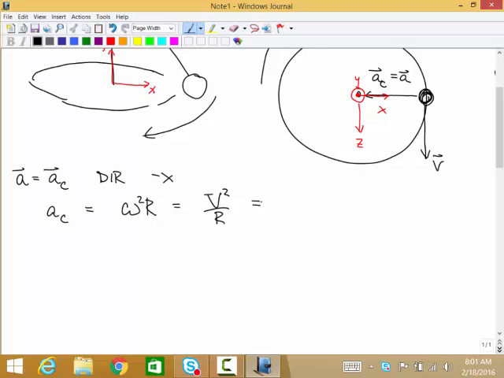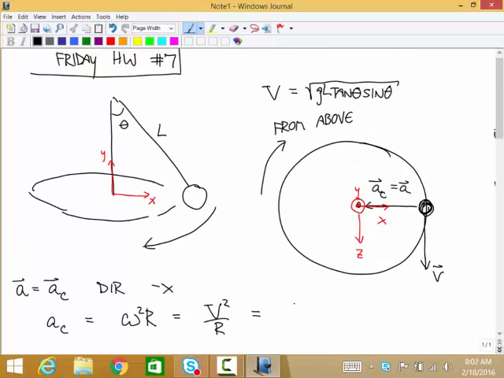So for us, this is the square of this, so g L tangent theta sine theta over r. And can we figure out any more about r? Well, if you look at this picture, this is r. So r is just going to be L times sine theta.